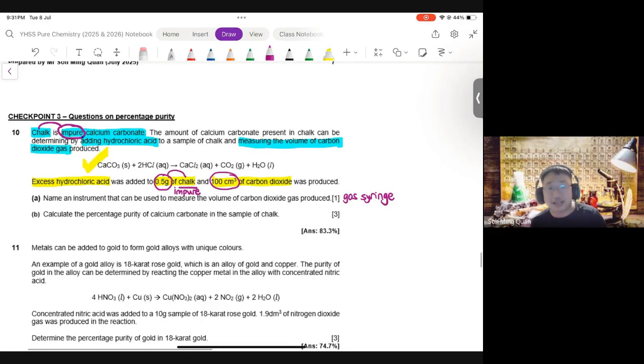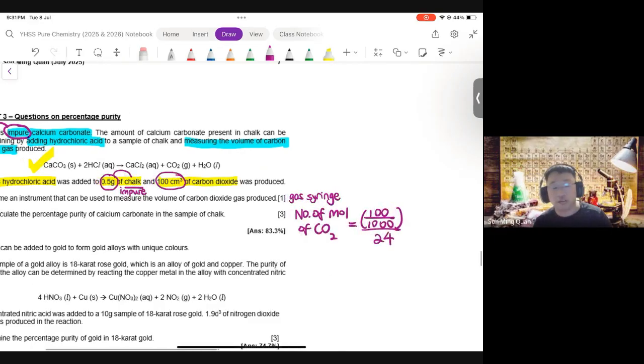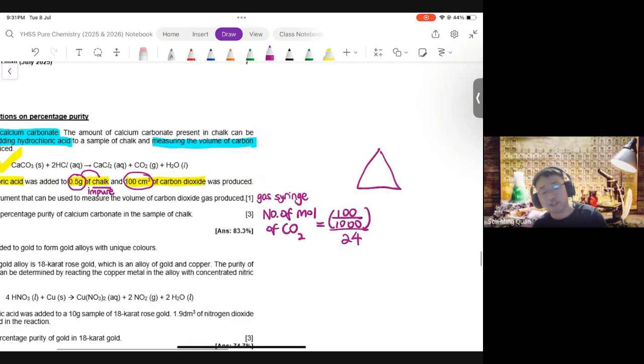So again, like I said, first step, balanced equation is given. So we just have to do the second step onwards, which is to convert to moles. We do not convert chalk to moles since it's impure. So let's convert our 100 cm cube to mole. It's volume of gas, so we use the triangle VN24.